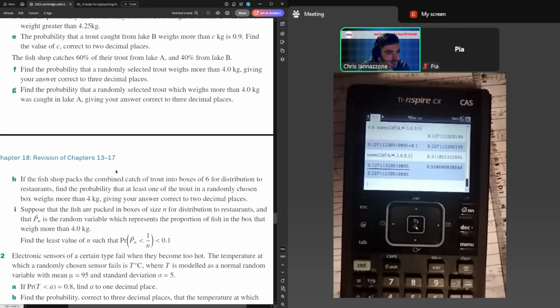It's in boxes of things. And so these trout that we found from earlier came from different places, had different probabilities. They're now in boxes of 6, and we want to figure out the likelihood that at least one of the trout in a box weighs more than 4 kilo. So I've got 6 in total. Any number of trout from 1 to 6, at least one of them should have a weight of more than 4 kilo.